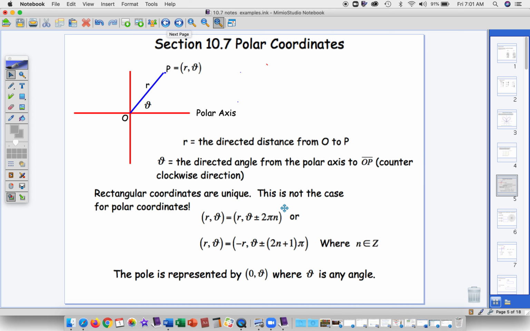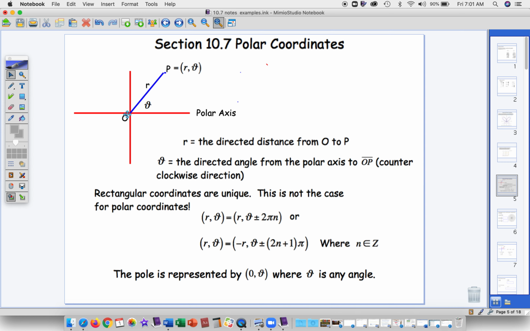So here again is a picture of the axes. This is the polar axis. This is the pole. And this line you could call theta equals pi over 2. Our points in polar form have the form r comma theta.